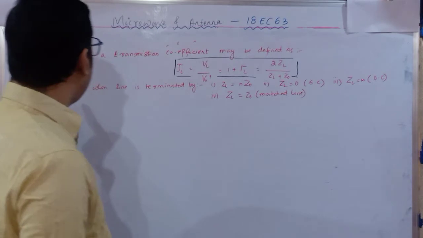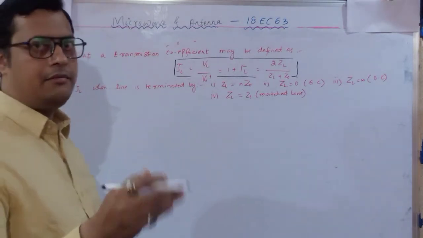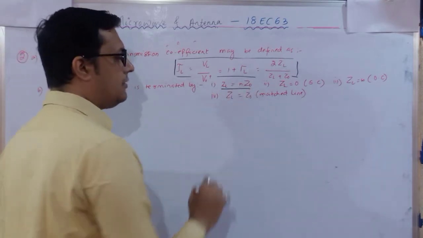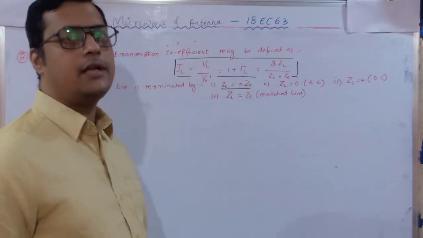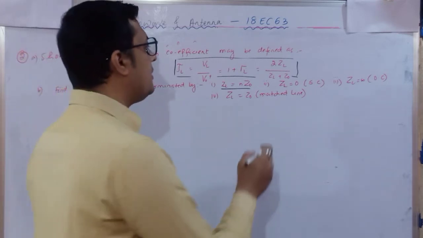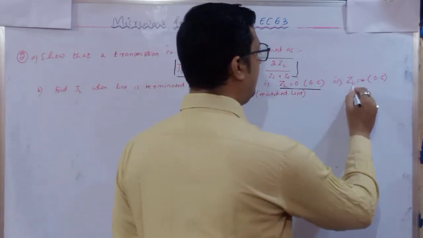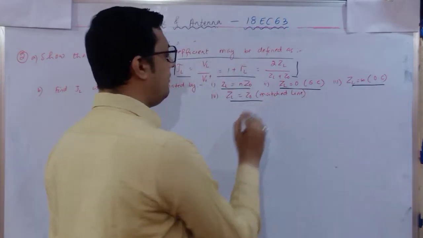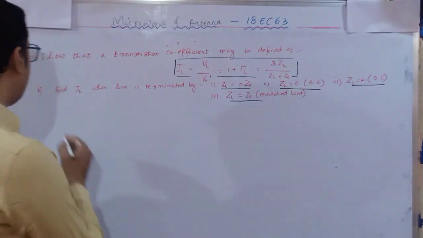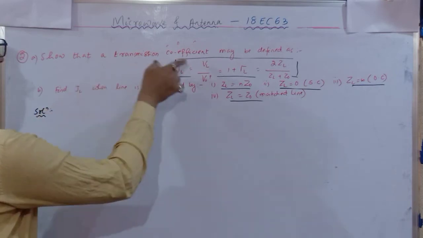And we have to determine the transmission coefficient for different sets of lines. First, if the load is terminated with impedance n times Z0, what will happen to our transmission coefficient? Similarly, the short circuited line, then open circuit line and matched line. So these are the conditions given. So it is quite easy. First of all, we need to prove this one.